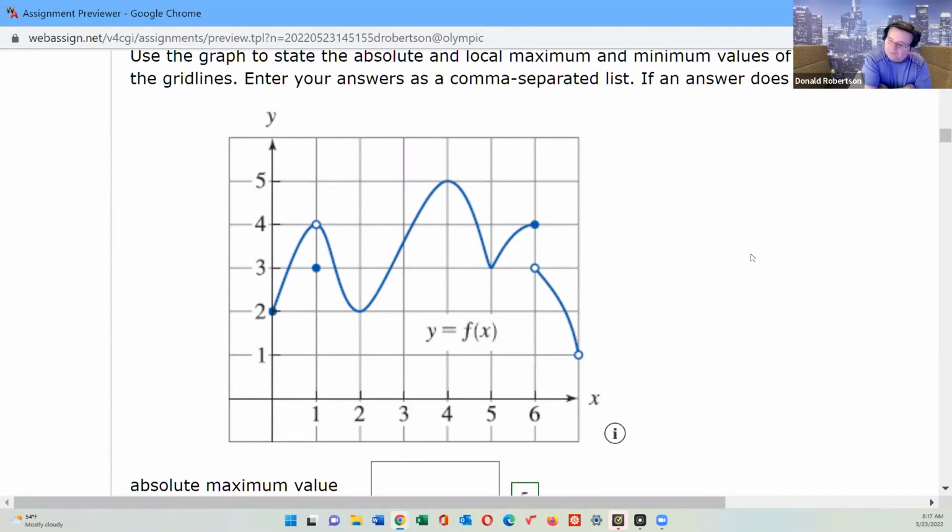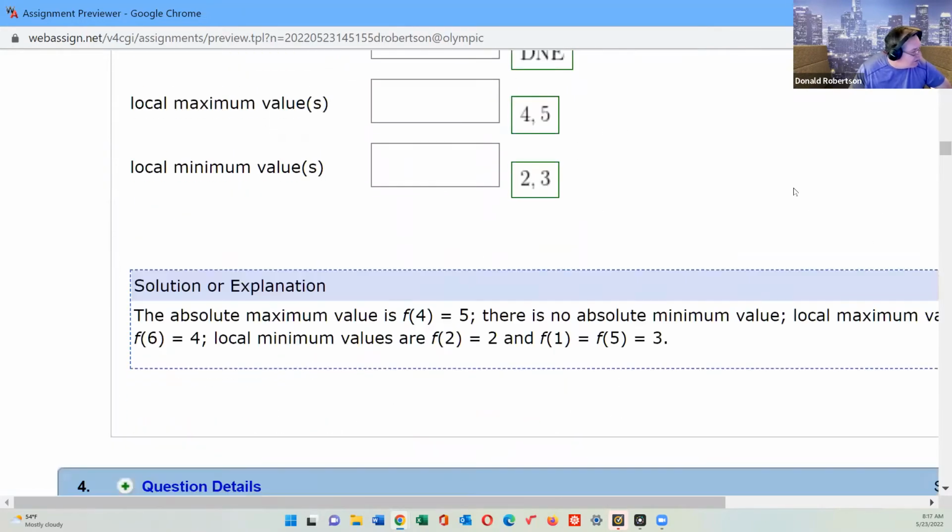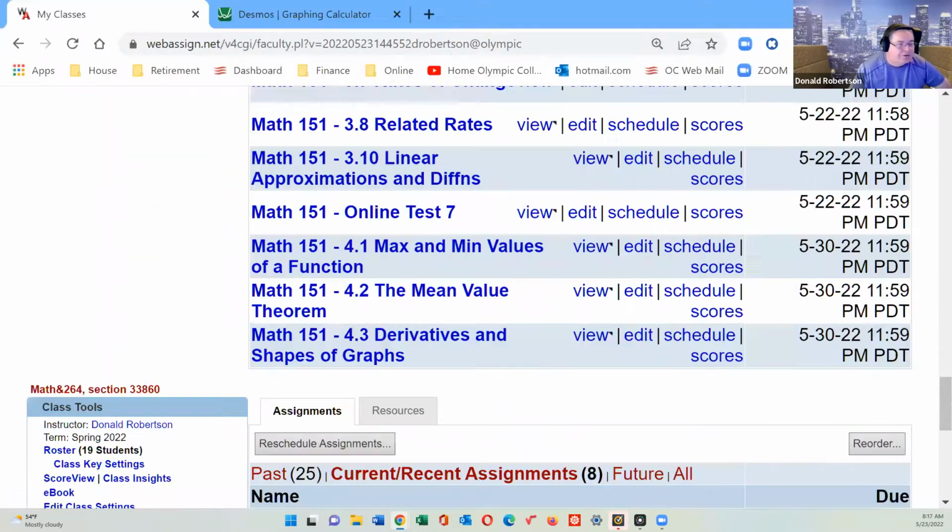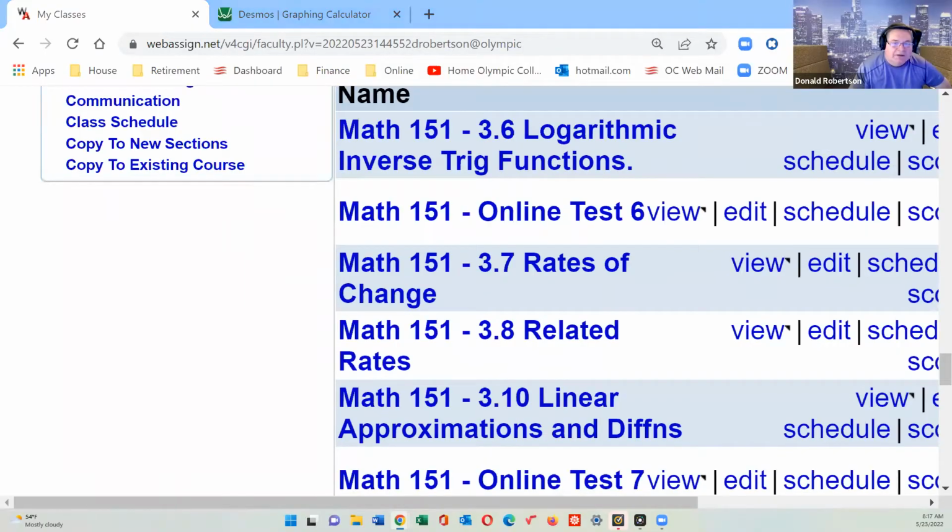Quite right. Just because it's an absolute max doesn't mean it can't be a local max. And let's leave that for the time being.